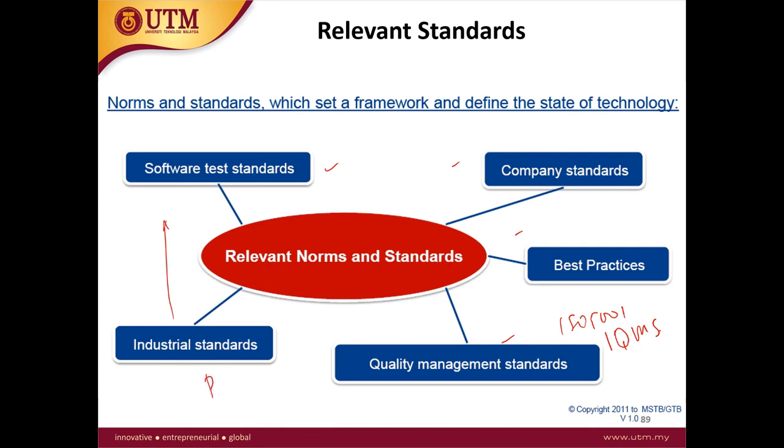For example, railway application, Department of Defense US. We have an ISO, maybe ISO 12207.